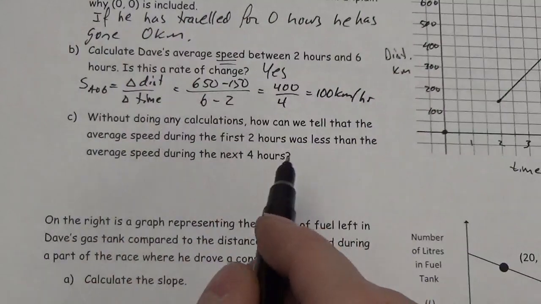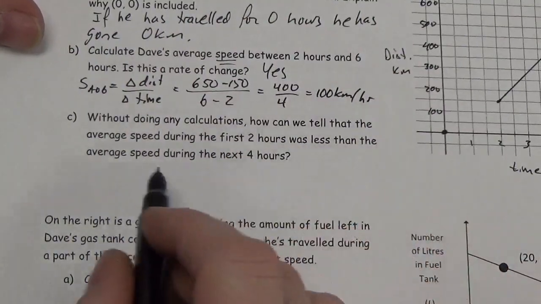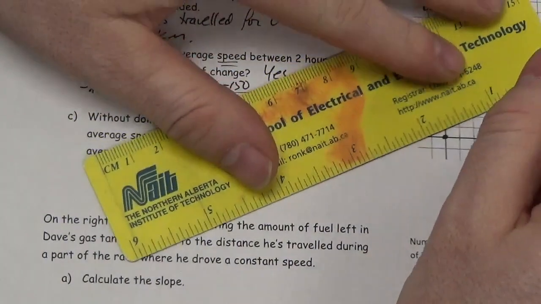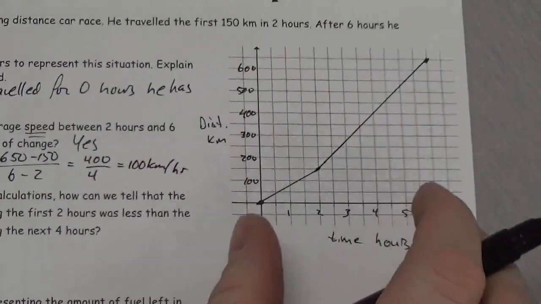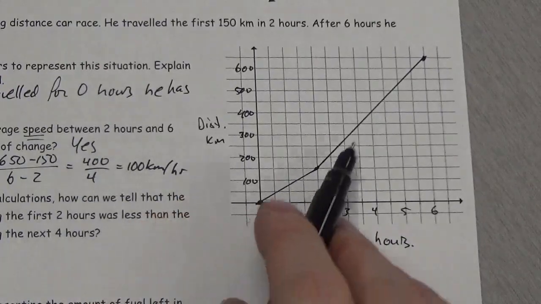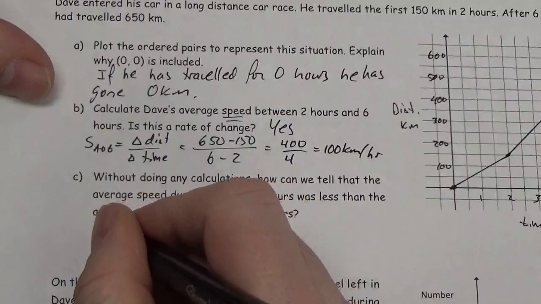And it says, without doing any calculations, how can we tell that the average speed in the first 2 hours was less than the average speed during the next 4 hours? Well, if I just connect those dots like that, I can tell visually, just by a quick visual inspection, that the slope of this line segment is not as steep as the slope of that line segment. So that's how we answer that.